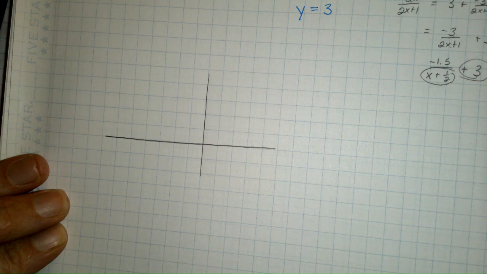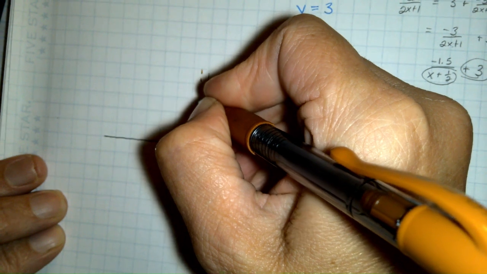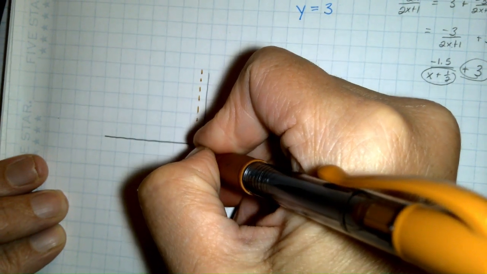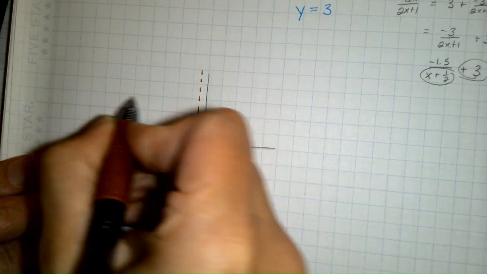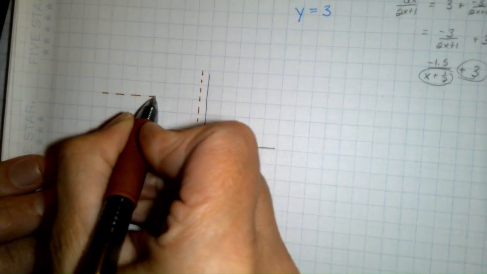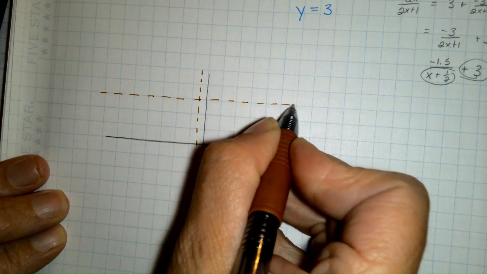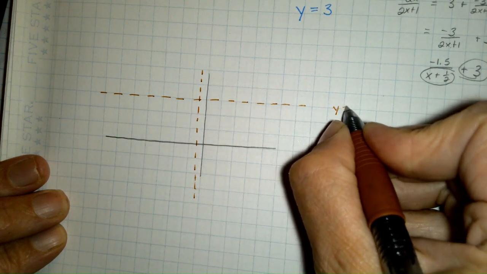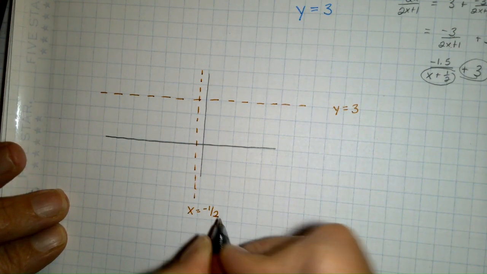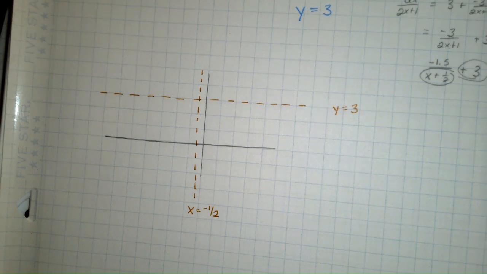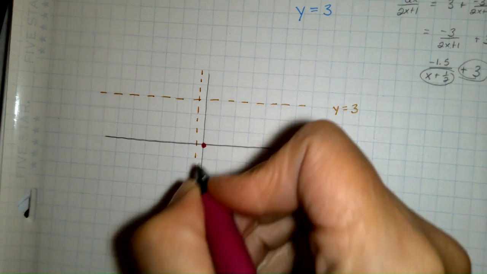Okay, so we said a vertical asymptote left 1/2, a horizontal up 3. And remember, these brown dashed lines are going to be my guidelines for my graphing, kind of like coloring lines when you go to color something. We also said that we were going to cross the x and the y axis at 0, 0.